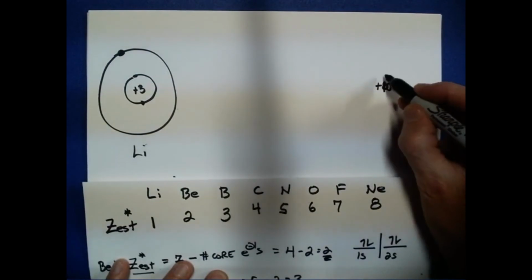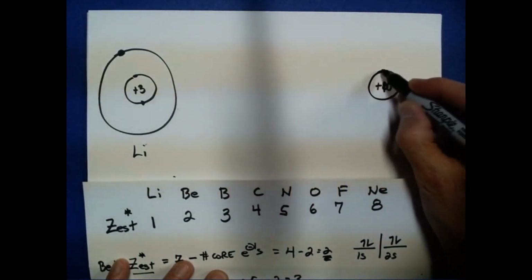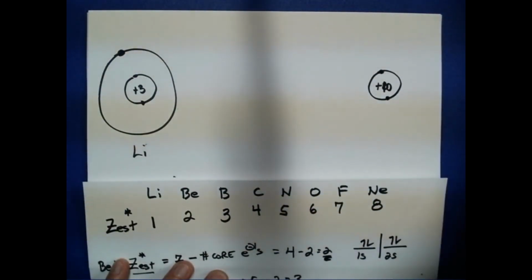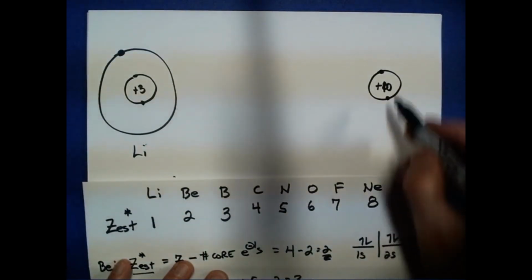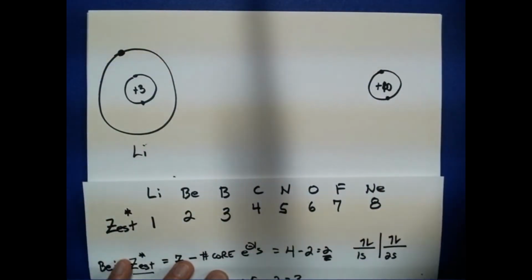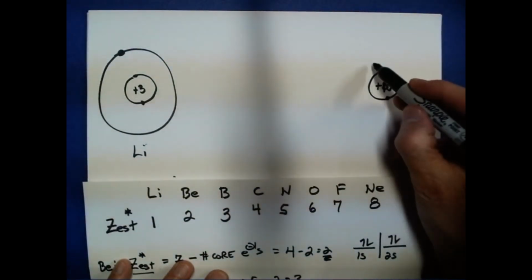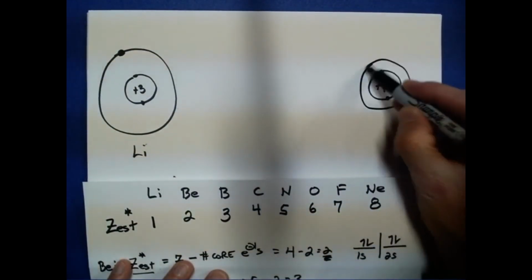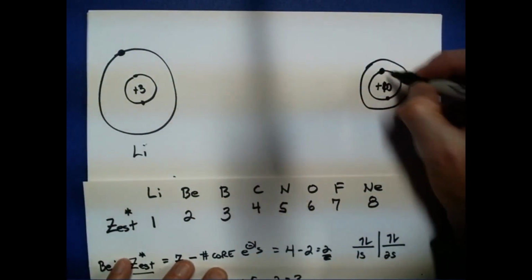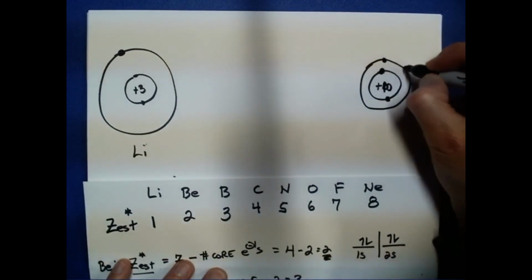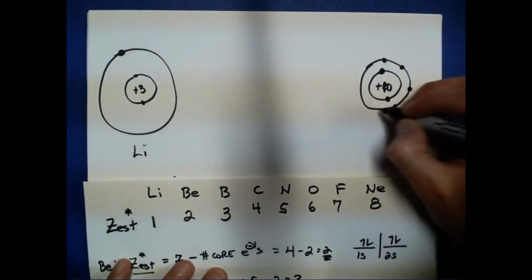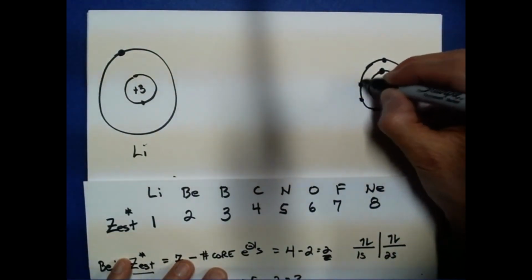And then we're going to have 2 electrons orbiting in the core 1s shell, in the first shell, and then around that we're going to put 8 valence electrons. Again, I'm doing the Bohr model here, so let's do 1, 2, 3, 4, 5, 6, 7, 8.